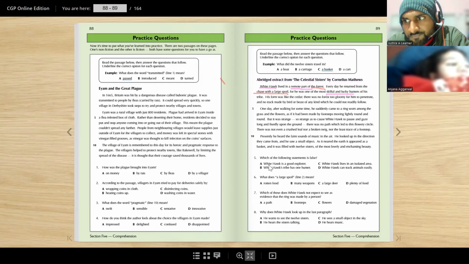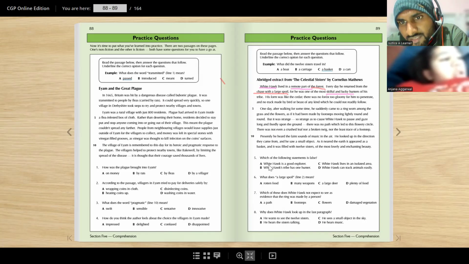It means a successful effort. Yes, that makes sense. Large spoil means both words together.